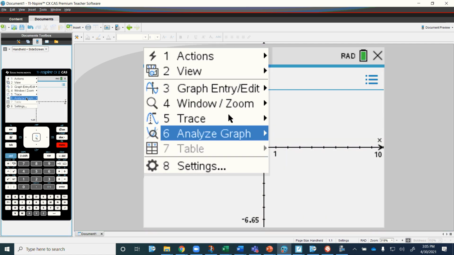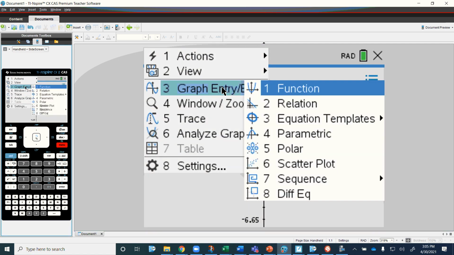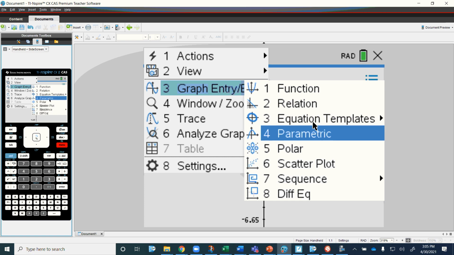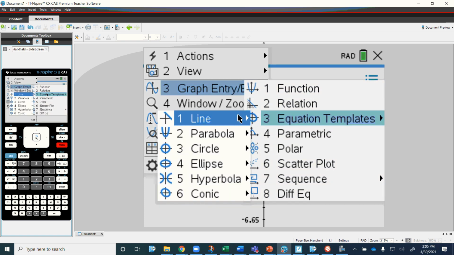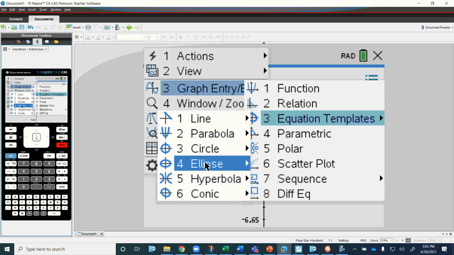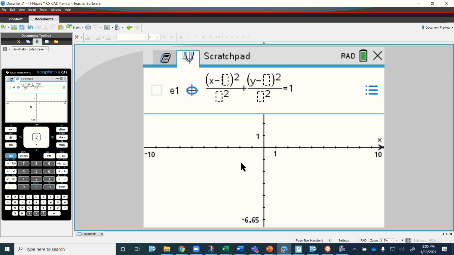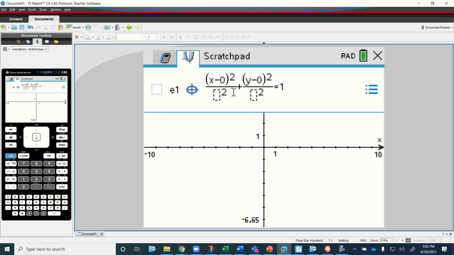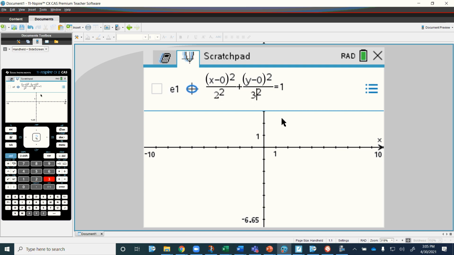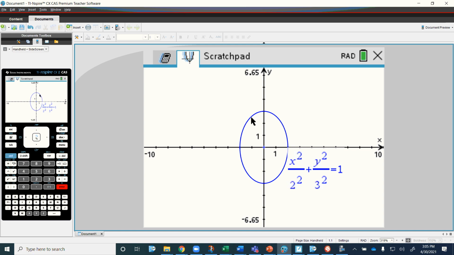So let's graph, equation templates, an ellipse. There we go. And we were centered at the origin. So here this is 0 and 0. And in the bottom we had a 4, so that would be 2 squared and a 3 squared respectively. So if we graph that, there's our ellipse.